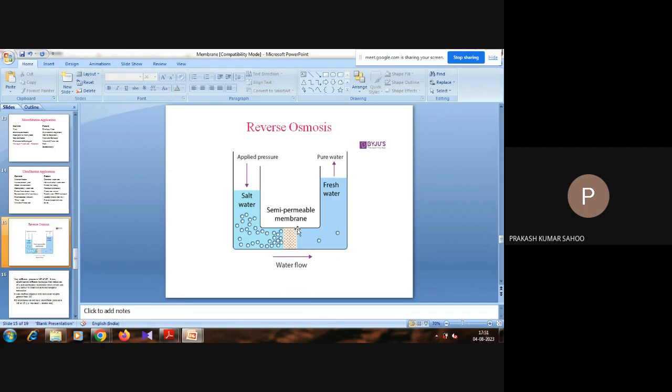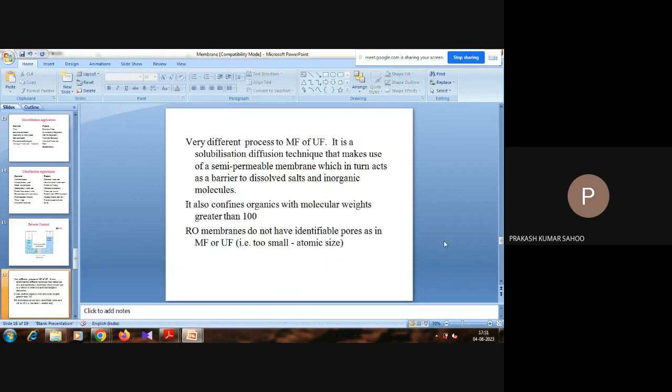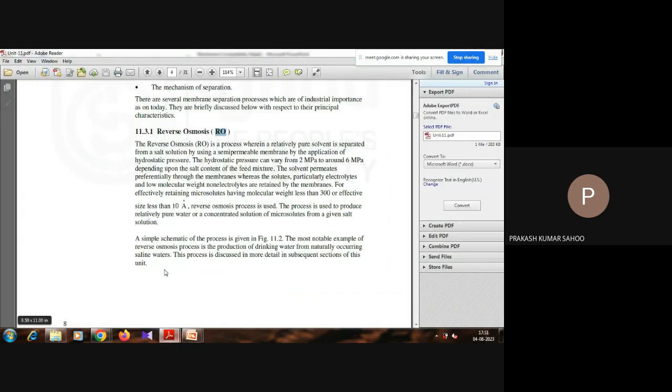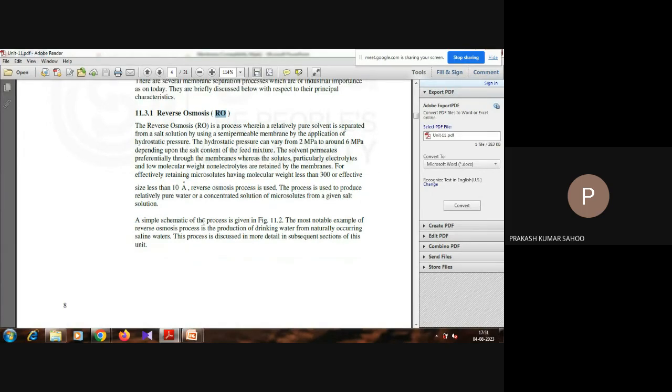This is the mechanism of your water purifier, that is your RO. Then hydrostatic pressure is applied from 2 MPa to around 6 MPa, and for a size of less than 10 angstrom and molecular weight less than 300, the reverse osmosis process is used.